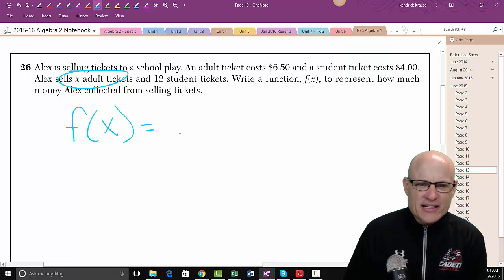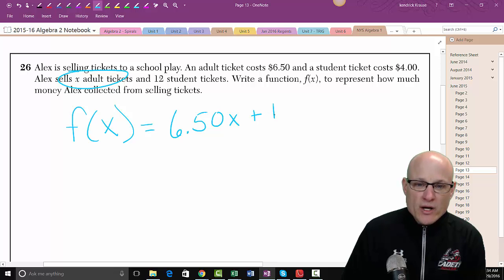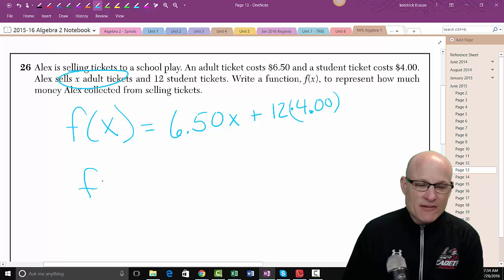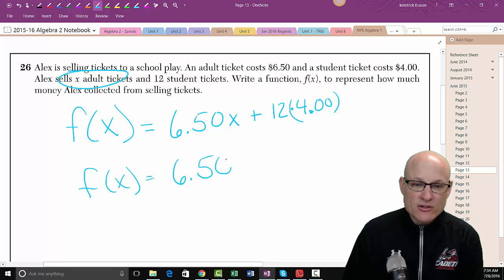So for the adult tickets, he did 6.50 times x plus 12 times $4. All right, or you could write f of x equals 6.50x plus 48.